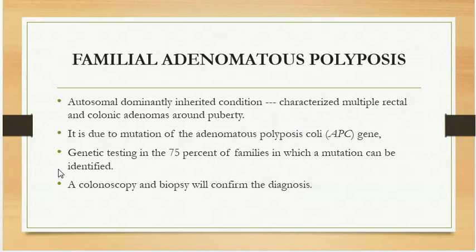Genetic testing identifies a mutation in 75% of the families. A colonoscopy and biopsy will confirm the diagnosis. This is a very specific condition, familial adenomatous polyposis, and the rectum is involved in this case. So one of the polyps of the rectum may be part of familial adenomatous polyposis.